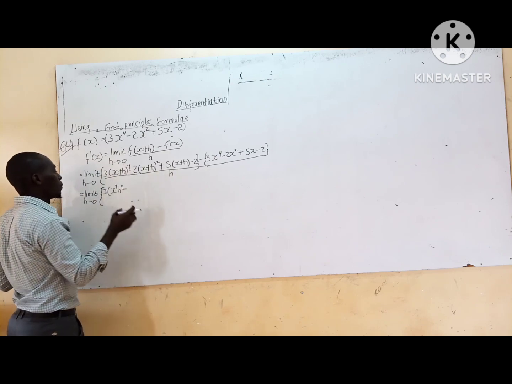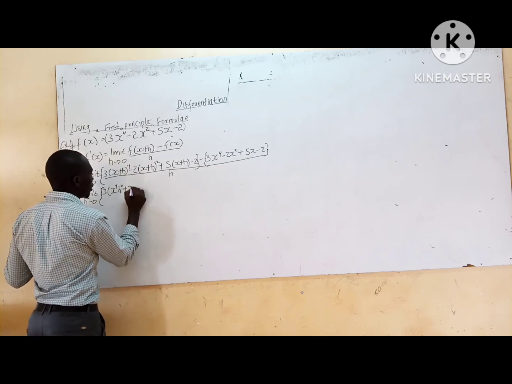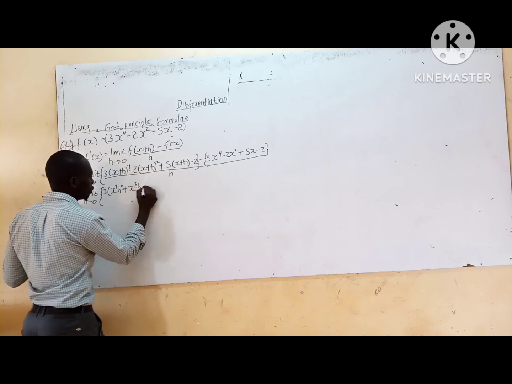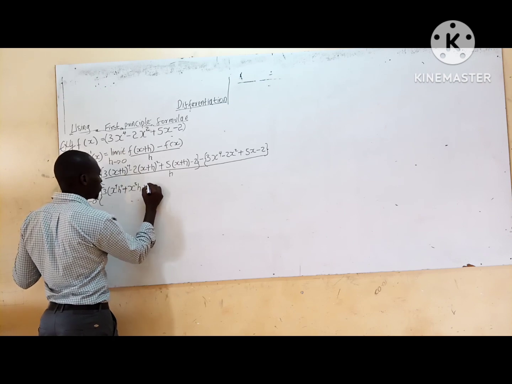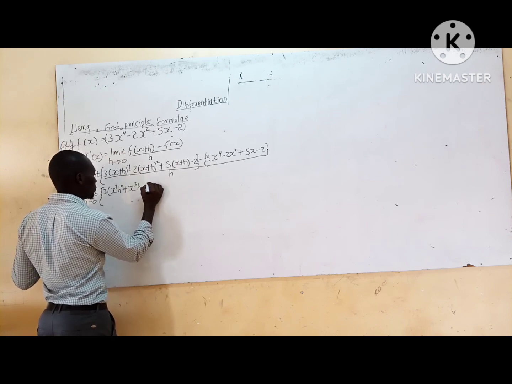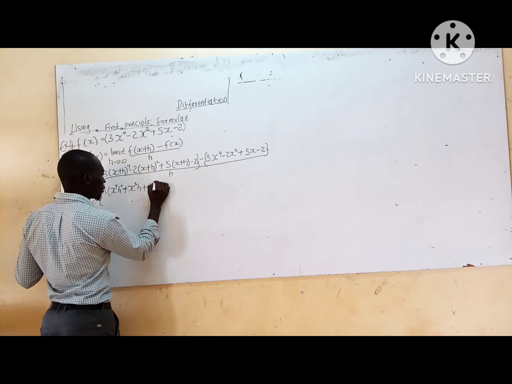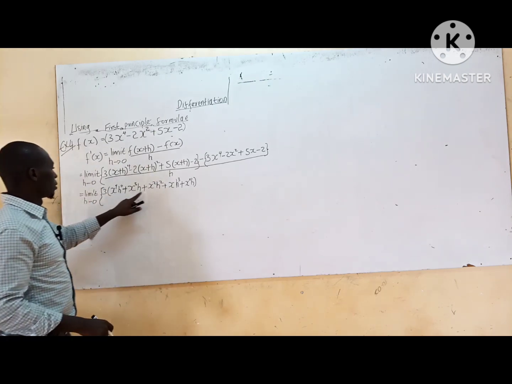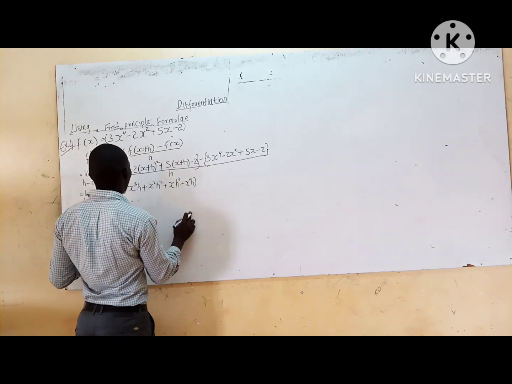The first term, its power increases while the other one decreases, at 2x h, without inserting the coefficient first to avoid confusion. And here we are going to have x squared, that this one is correct.